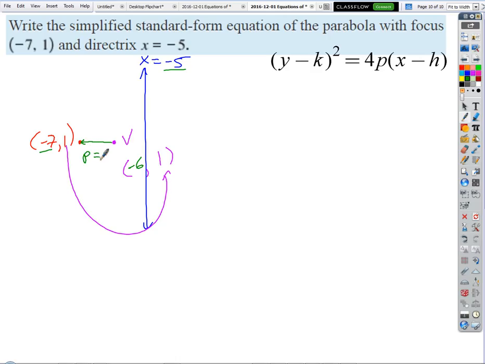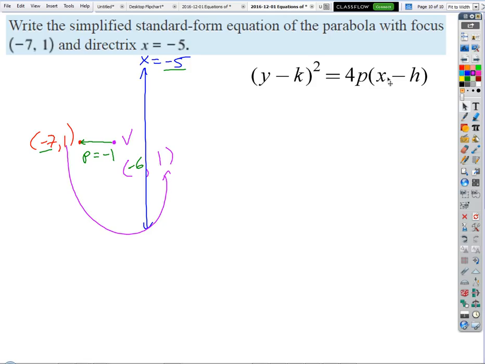I start at the vertex and I've got to go in the negative direction. How far? 1, from -6 to -7. So there's everything I need. We're going to take the equation of a horizontal parabola and just plug in -6 for h, 1 for k, and -1 for p.